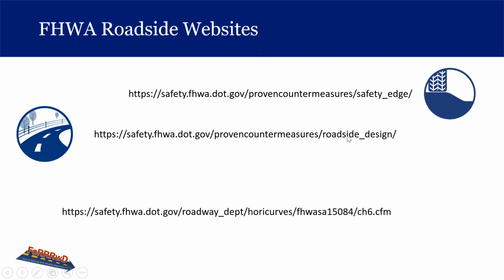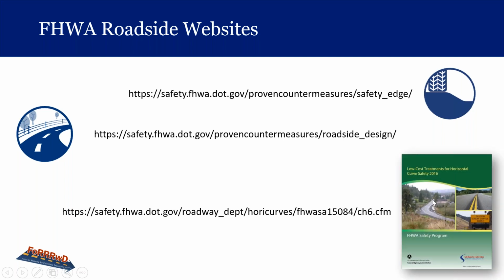The second one here is about the AASHTO roadside design guide, and some of the information that we talked about all came from in there. You can find it there. And then the other one is the horizontal curves guide, the low-cost treatments for horizontal curve safety, which was published in 2016.